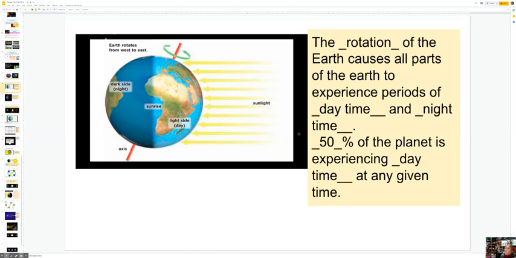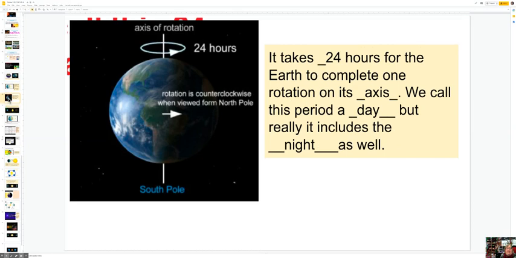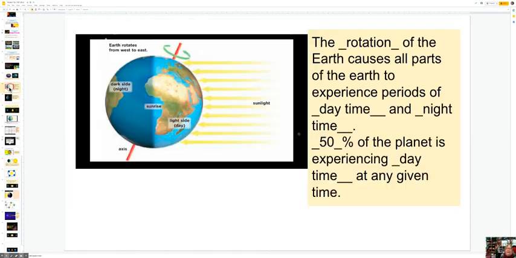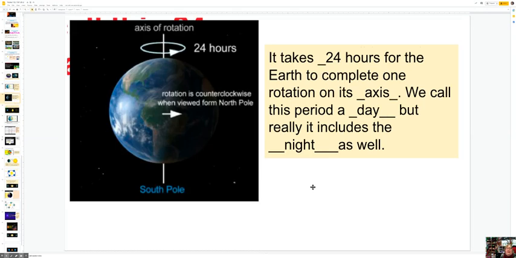Now, kids, if we're in daytime, halfway around the world, in Japan, it would be nighttime. So kids, you need to look at what part of the world are we in and what is on the other side of the world. All right. Oh, did I get everything on that one? Yep. Okay. Now, kids, looking at the picture, it tells us everything we need to know.